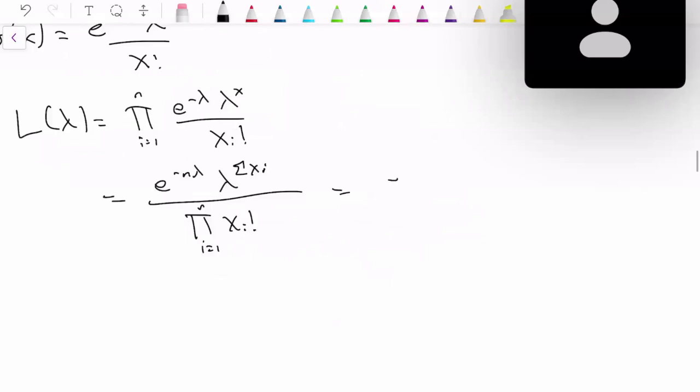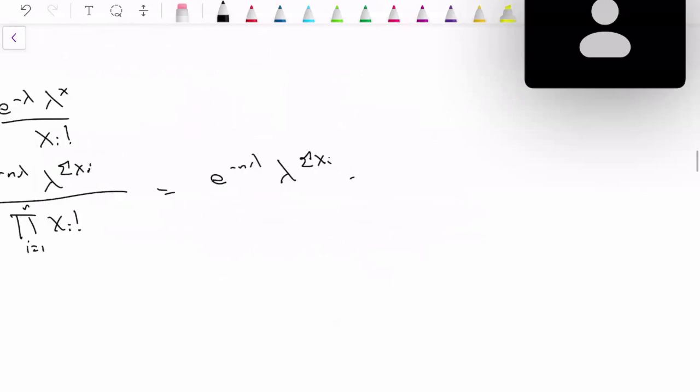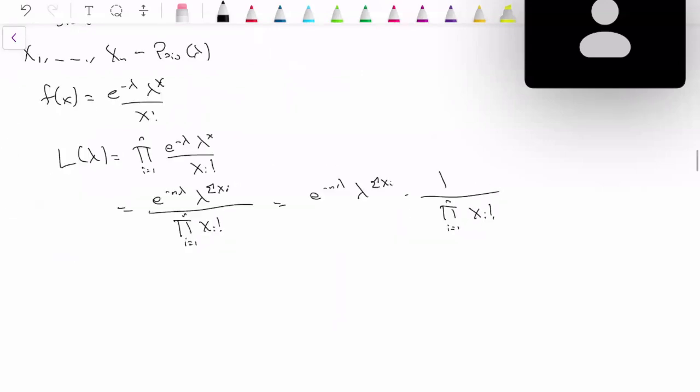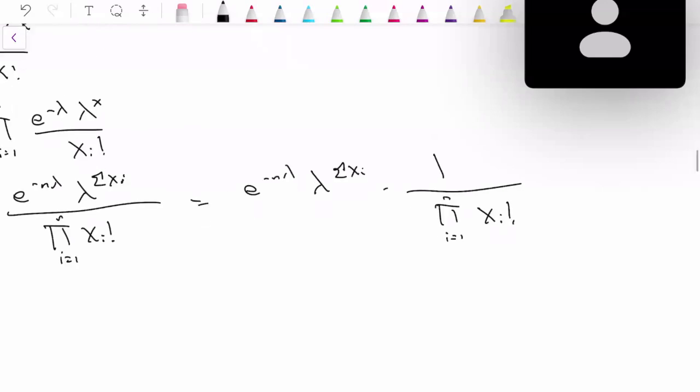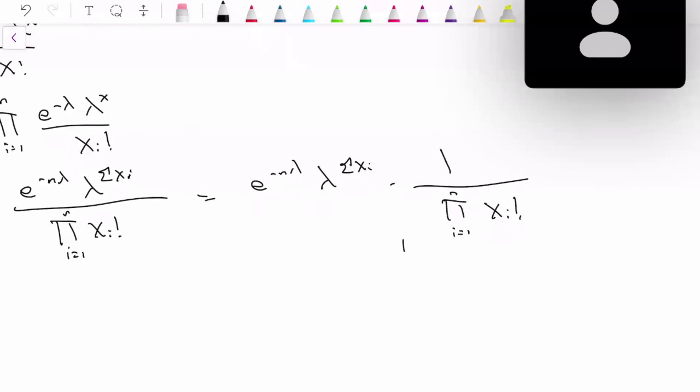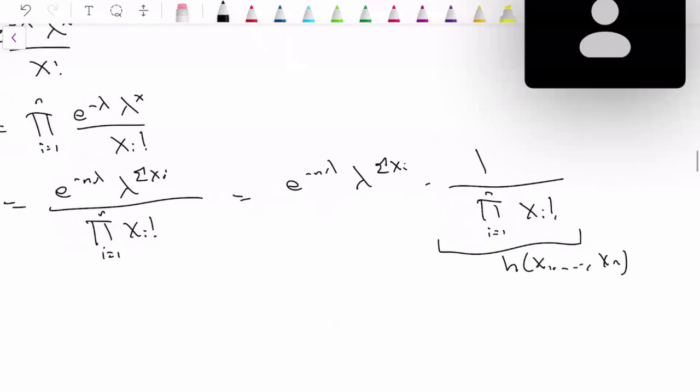So we can think of this as e to negative n lambda, lambda to the power sum of xi, times 1 over the product of xi factorial. Maybe some of you can see it by now, but this is our function of our observations because it doesn't have lambda anywhere in this expression, and this part is our function that includes both our observations and our parameter.